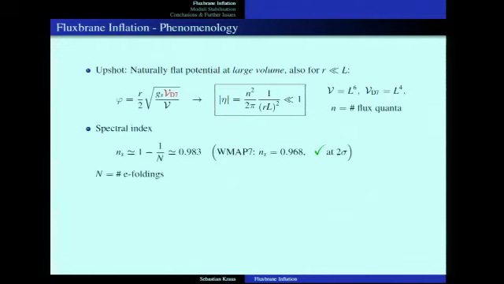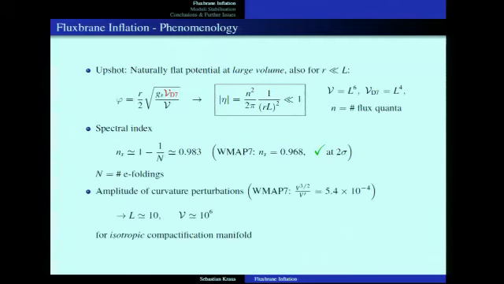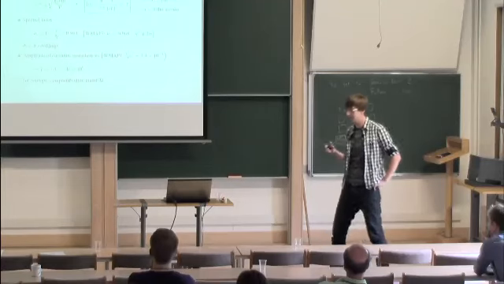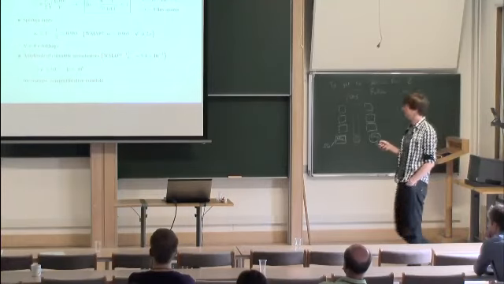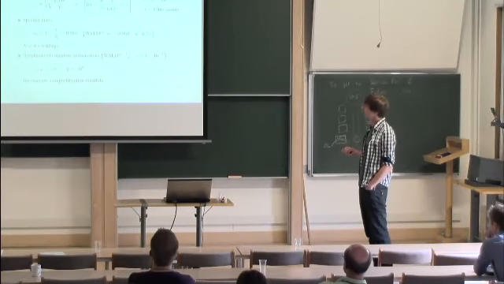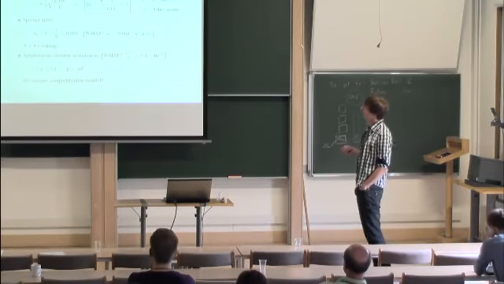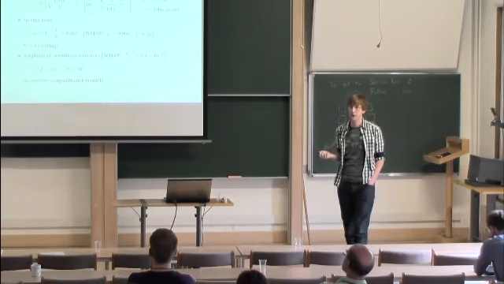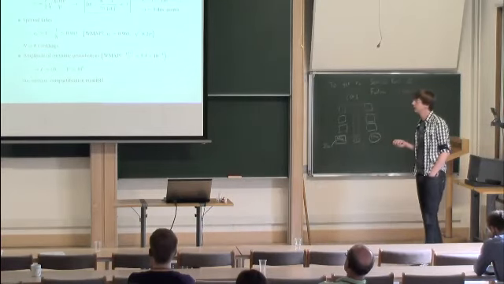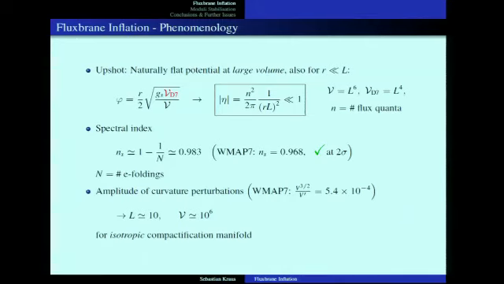The spectral index turns out to be in agreement with the WMAP7 data at 2 sigma. And finally, if you consider, just for simplicity, a manifold which is roughly isotropic, you find that for producing the right amount of curvature perturbations, you need a manifold which has a size of roughly 10 to the 6.